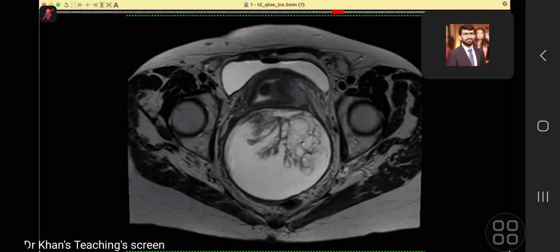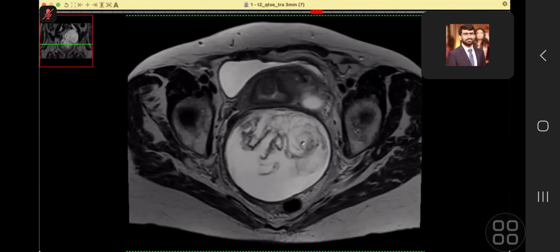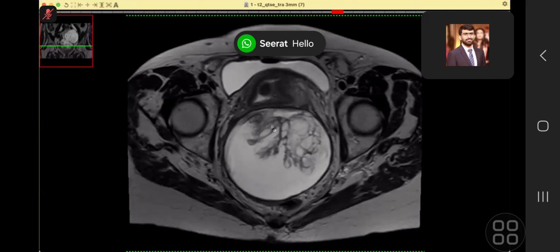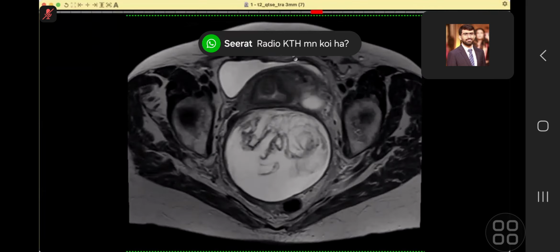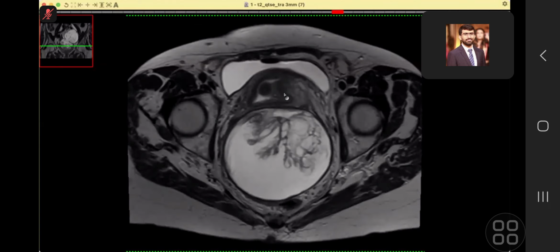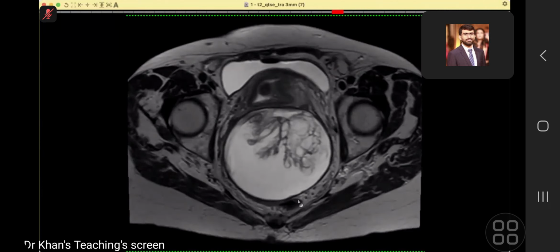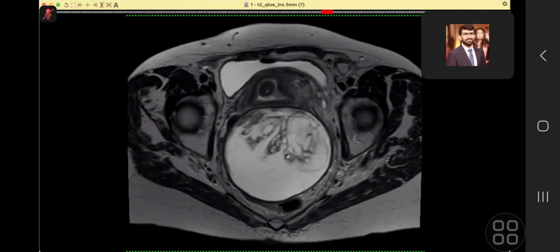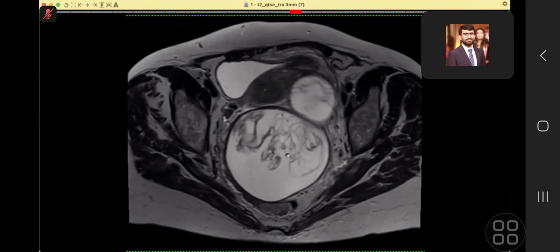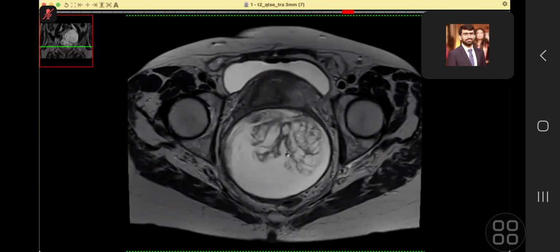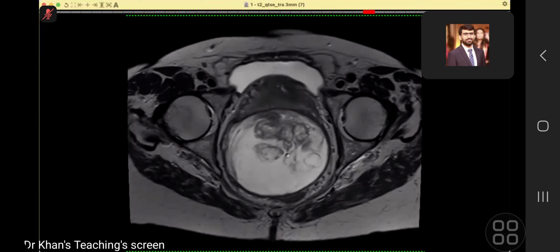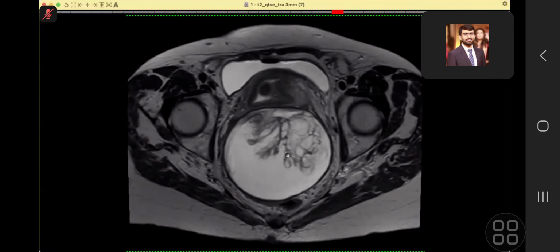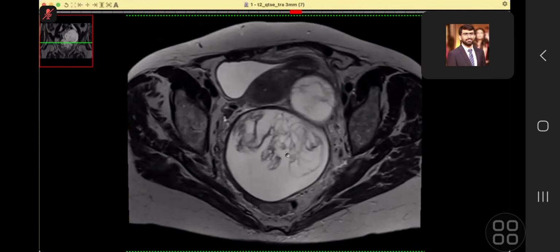Sir, again, this is a T2 weighted sequence in which I can appreciate a well-defined lesion which is posterior to the uterus and anterior to the rectum, and it is predominantly hyperintense on the T2 weighted sequence, and there are hypointense areas within this hyperintense lesion.